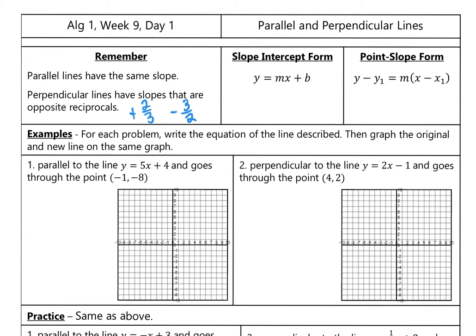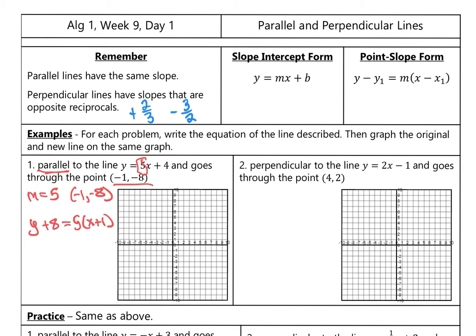This first one is parallel to the line y equals 5x plus 4. Since parallel lines have the same slope and the slope of this line is 5, our slope is also 5. We are given a point, so we can either put it into point-slope form, which is y minus -8, so y plus 8 equals 5 times x plus 1, or you can plug in for x, y, and m in slope-intercept form.